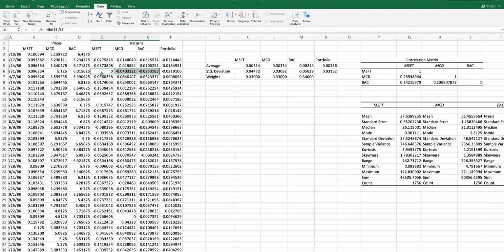So it looks like Microsoft's stock returns did not change by as much. The price is the same. So this one did not move, whereas McDonald's and Bank of America took a slight hit, but you could still recover some money from Microsoft. It did not lose anything. So if you had all your money in McDonald's and Bank of America, your loss would have been larger. But by combining Microsoft, you were able to sort of minimize that loss.